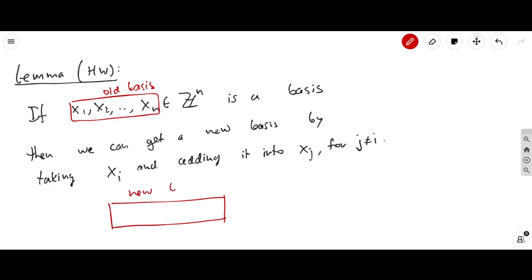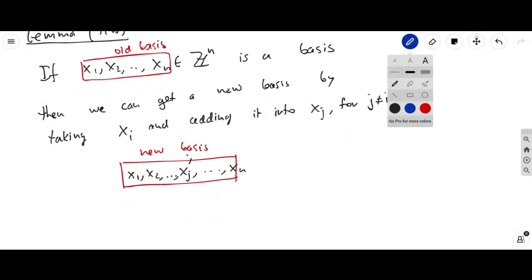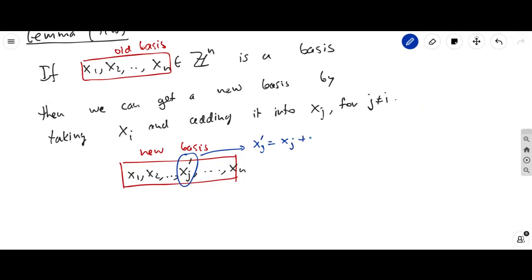Your new basis is going to be formed like this. You're going to keep the vectors exactly the same, and then you're going to have xj prime, and everything remains the same. The difference is on the xj vector. The xj vector has been replaced. And what is it equal to? So xj prime is the original xj plus this new vector that you added into it.